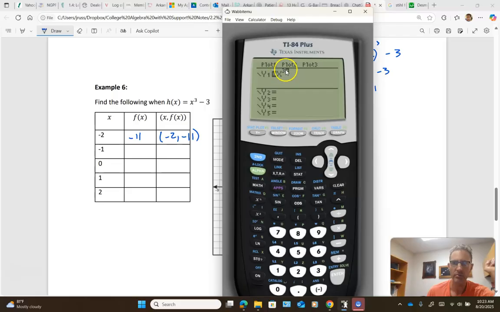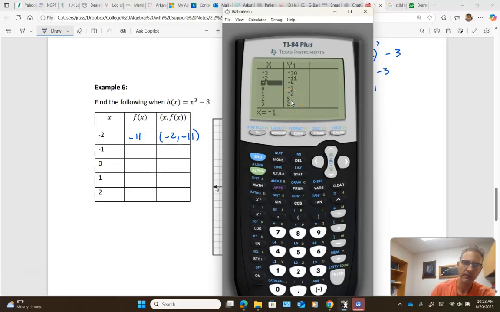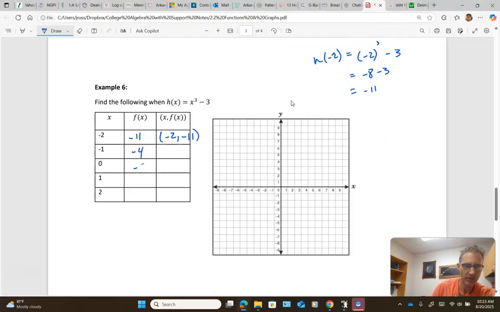Make sure you move your cursor outside of that exponent, and then say -3, and then go to your table. We can see when x is -1, y is -4, and then -3, -2, and 5.